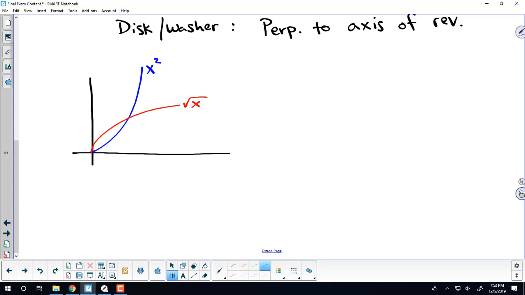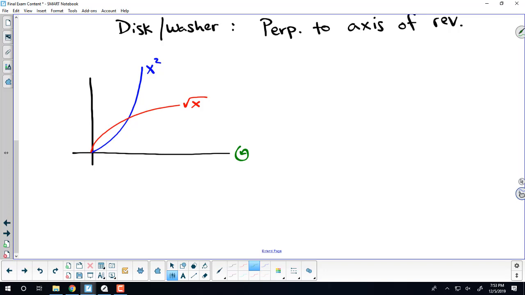I'm trying to remember what I put on the exam over break. So then we're going to say, all right, I'm going to revolve around the x-axis. That was given in the problem. So I'm revolving around the x-axis using disk and washers.